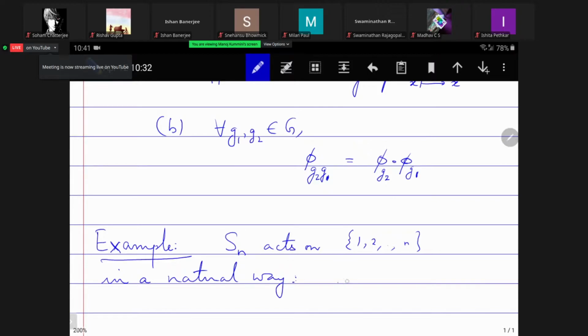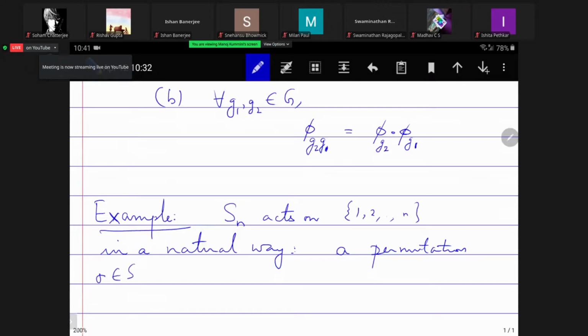I mean, this is sort of tautological, but it is important to understand this in this language. A permutation sigma in S_n corresponds to the function which takes i to sigma of i. So a permutation itself is a bijective function. The example is tautological; such functions are exactly what we call permutations. But it is important to sort of think of this as a group acting on a set.